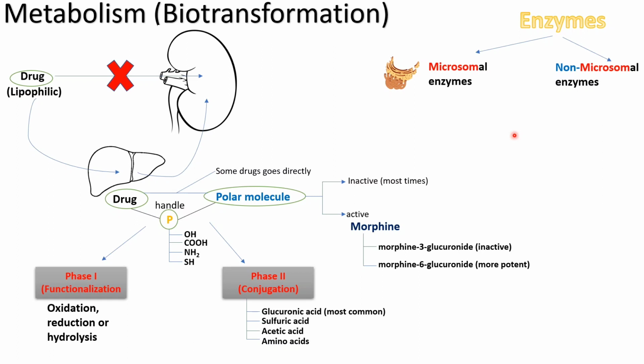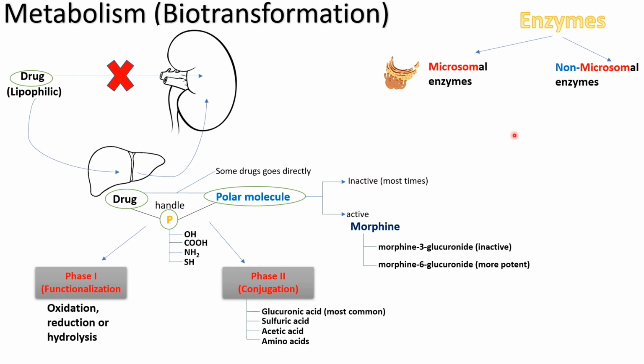They are formed when our cells are broken up in the laboratory, and microsomes can be separated by centrifugation. So these microsomal enzymes are actually enzymes that are found on the endoplasmic reticulum of the hepatic cells.